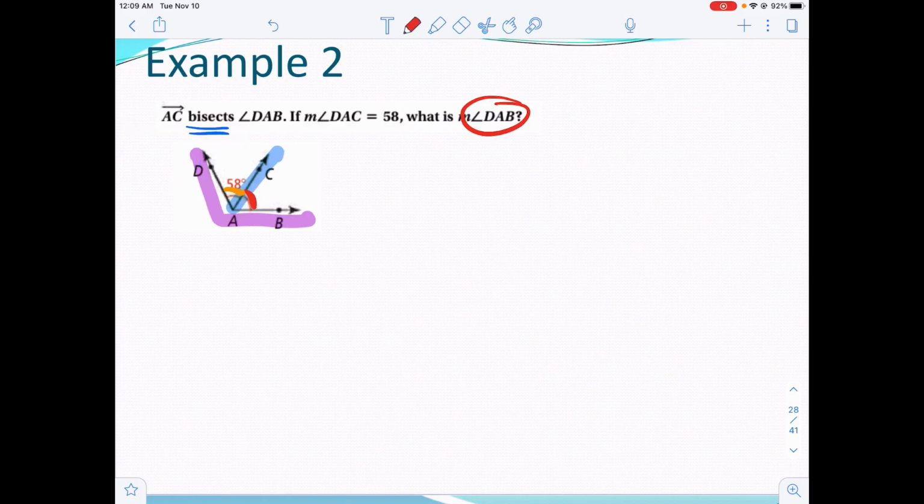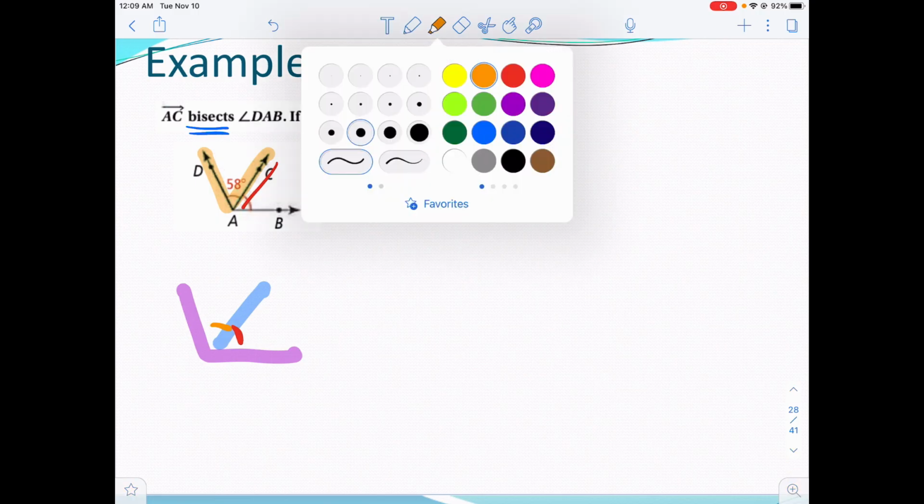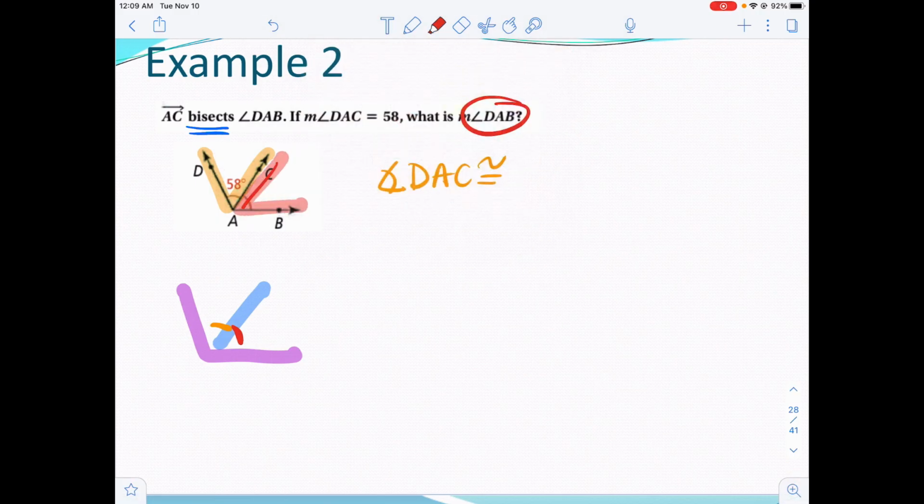All right. Remember, if we have congruent markings, we always want to state the things that are congruent to each other. So we're going to say that angle DAC, which is this angle here, is congruent to angle CAB.